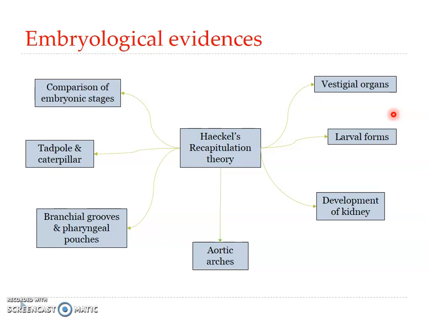So after birth, they don't have any canines, so they have a gap at that particular region, which is known as a diastema. But in the embryonic stages, they do have canine teeth. Similarly, the posterior pair of limbs appear in the embryos of whales, but later, before birth, it becomes vestigial. So this also supports the recapitulation theory.